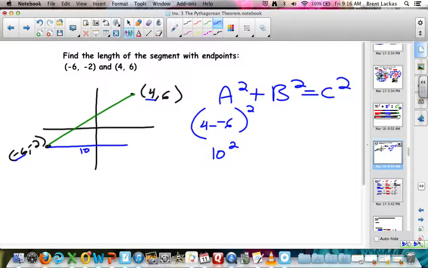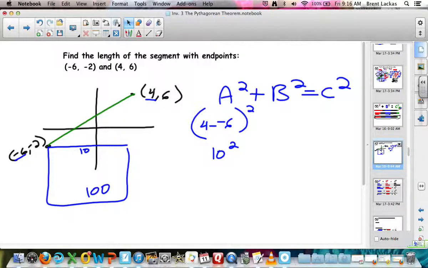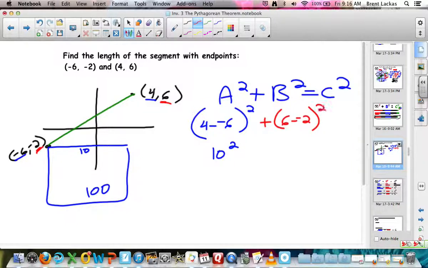The square is 100. To get my vertical distance, I need to take my y coordinates and subtract them. And so the distance from here to here is 8, and the area of that square is 64.